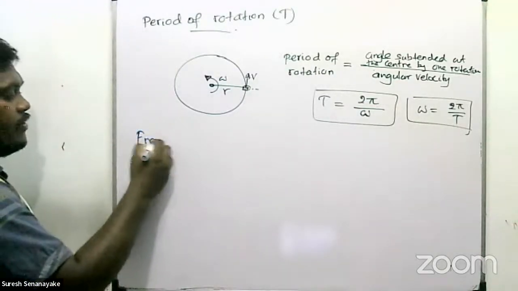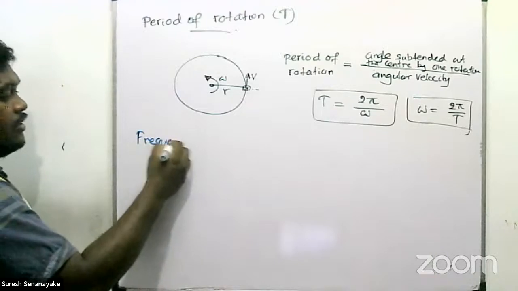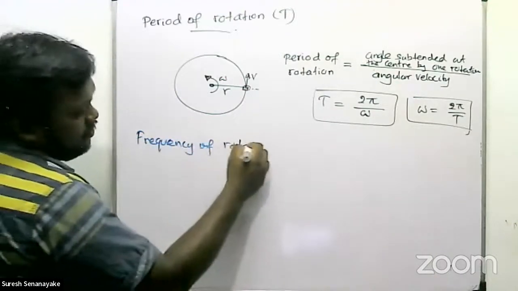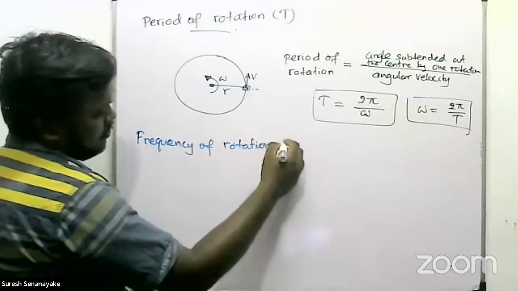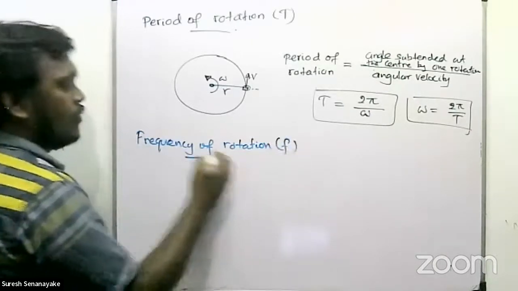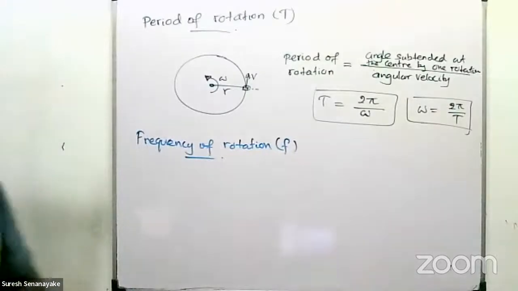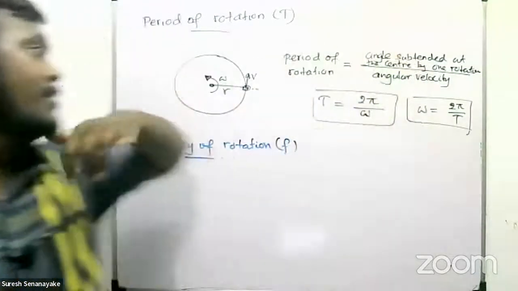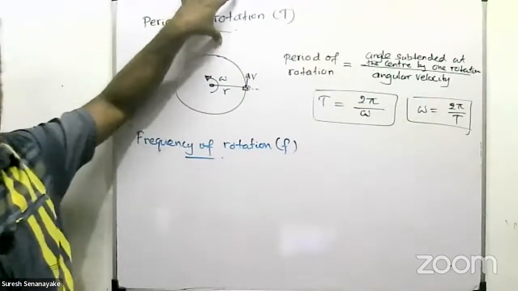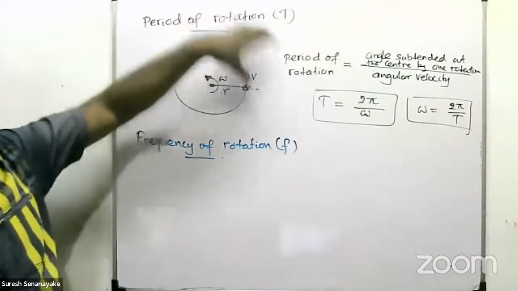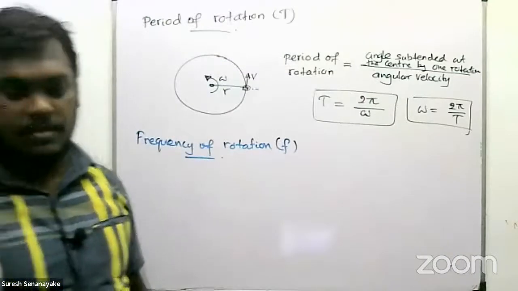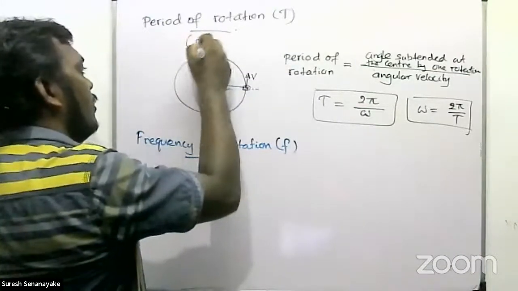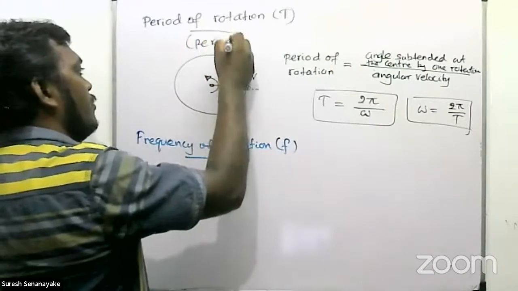Next, write the frequency of rotation. For one complete rotation, the time taken is the period of rotation, the periodic time.